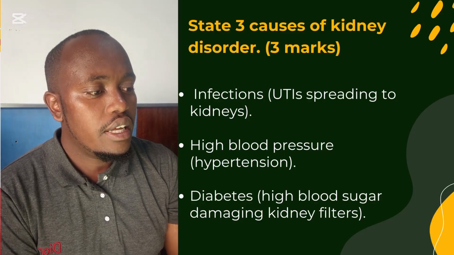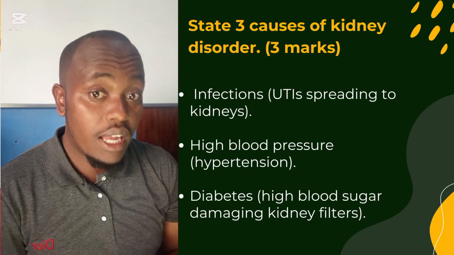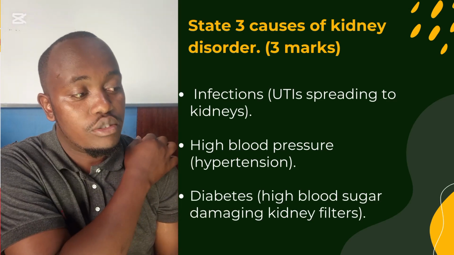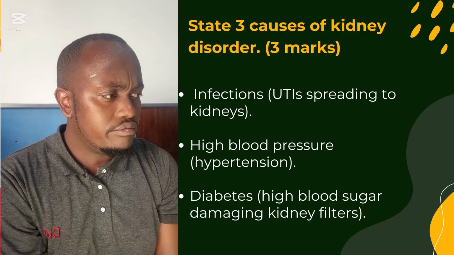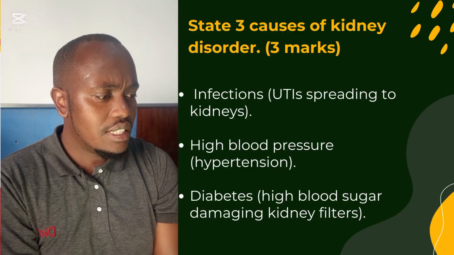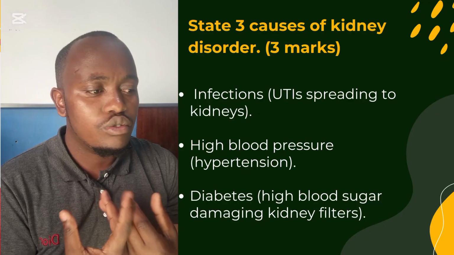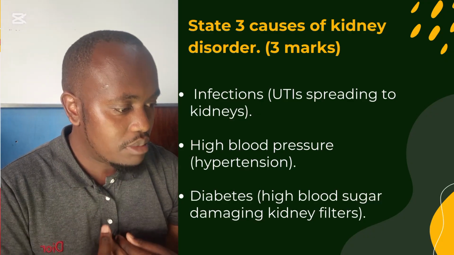So when diabetes, high blood sugar, is present in your blood, it affects osmosis and also diffusion. If it does, then it may damage the ability of the kidney to filter out waste and retain useful substances.